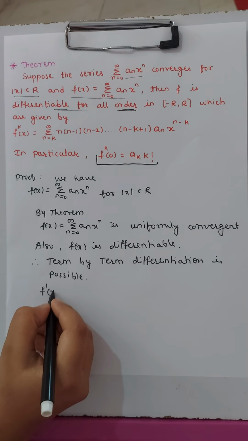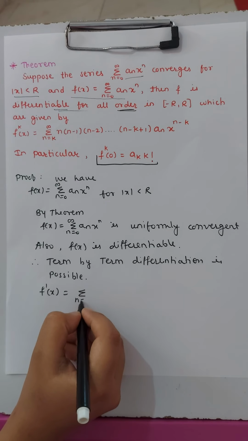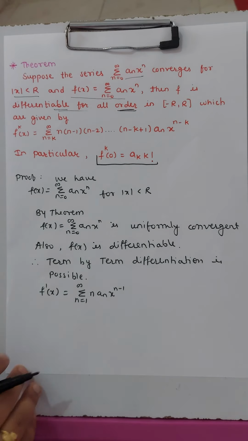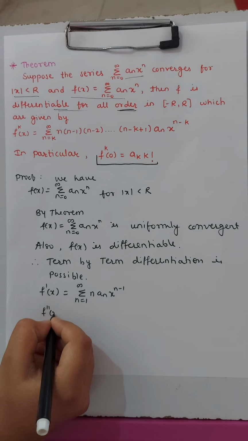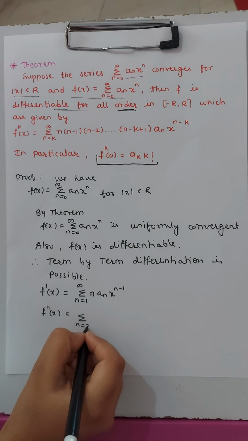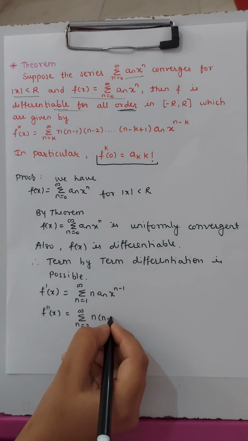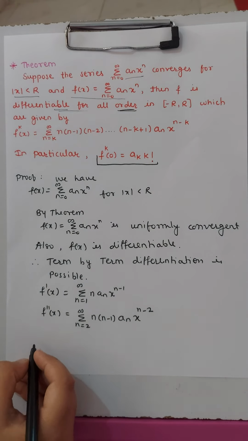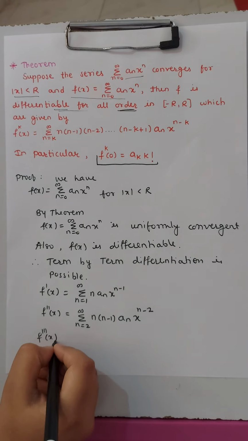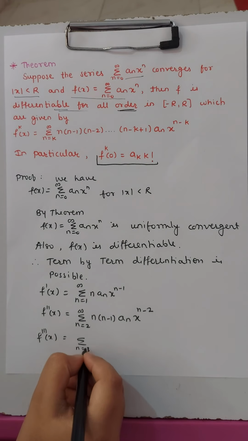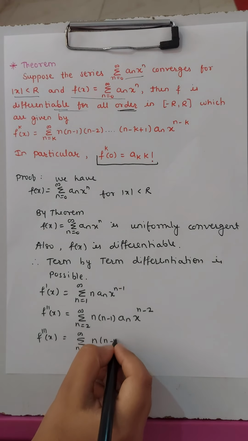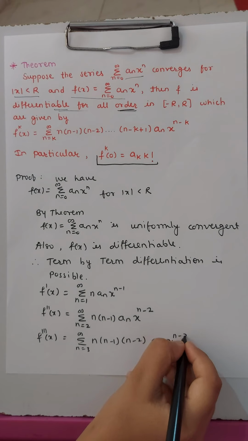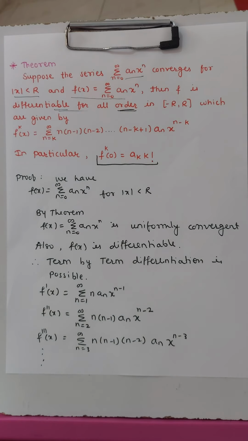So the first derivative, that is f dash of x, will be summation n from 1 to infinity n a n x to the power n minus 1. Similarly, the second derivative will be summation n from 2 to infinity n(n minus 1) a n x to the power n minus 2. The third derivative will be summation n from 3 to infinity n(n minus 1)(n minus 2) a n x to the power n minus 3, and so on.